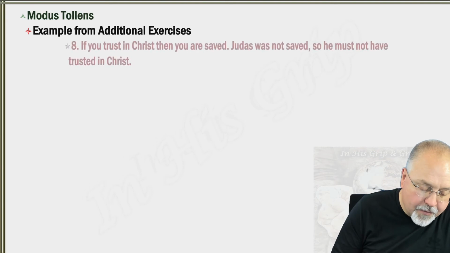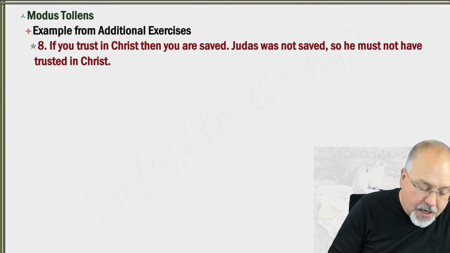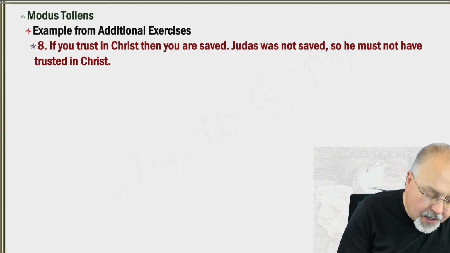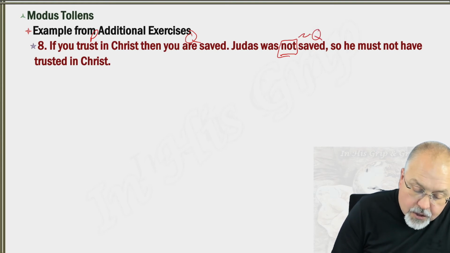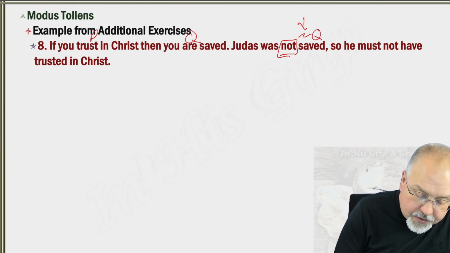All right. Modus tollens. This is an example from the additional exercises. If you trust in Christ, then you are saved. Judas was, and here's the key, was not saved. So this is not Q. This right here is called a tilde.